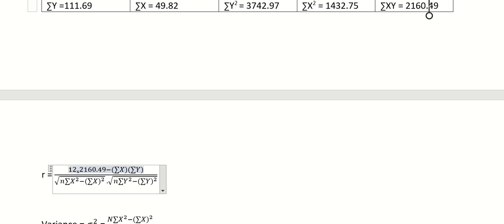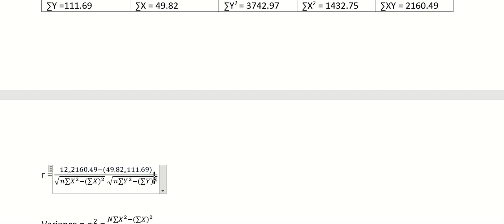See this one. I'm putting this value, okay? Then summation of x is 49.82 into 111.69, this value.